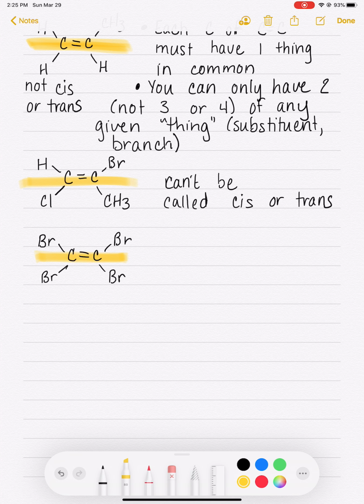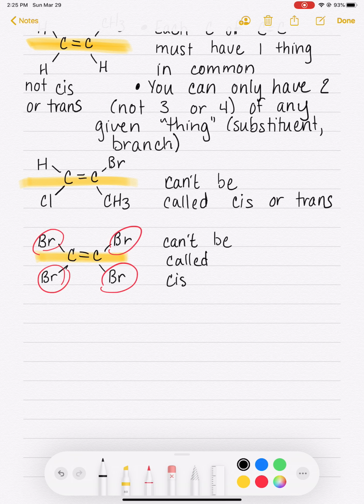This molecule has 4 bromines on the carbon-carbon double bond. Because it has 4 of the same thing, we can't call it cis or trans. Let's go to a worksheet and practice this some more.